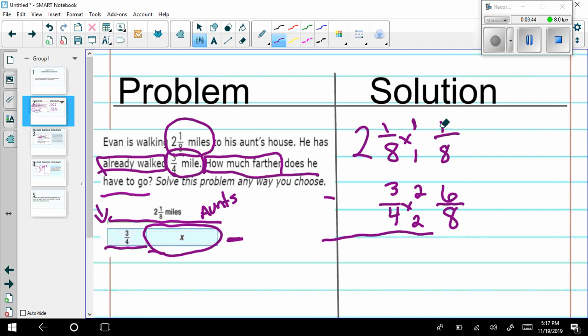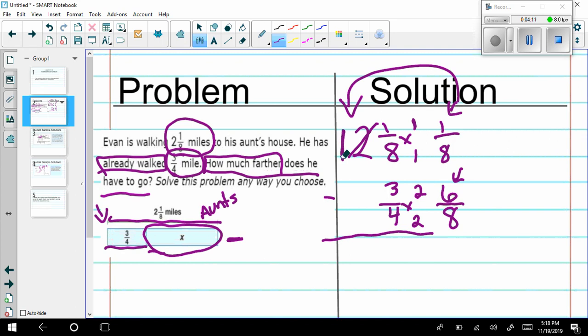But now I run into a problem. I cannot take 1 minus 6. So I need to borrow from my whole number so I can make a bigger numerator to be able to subtract 6/8. So I'm going to borrow 1 whole from my whole number, leaving me with 1 whole.